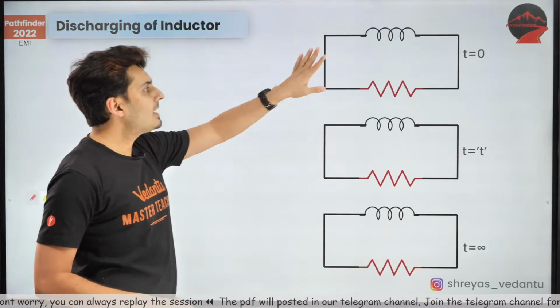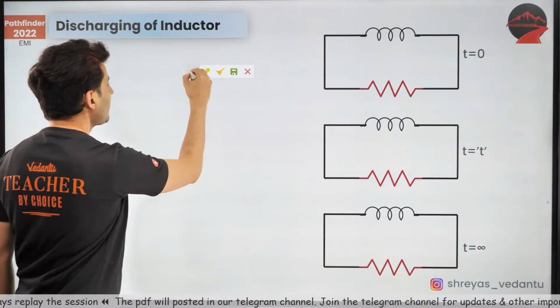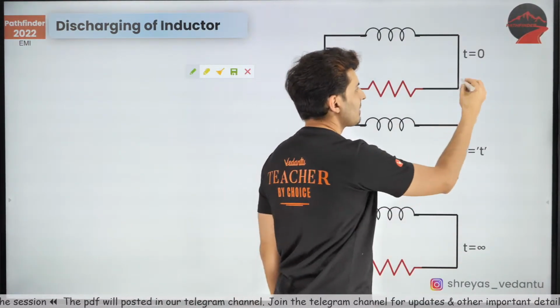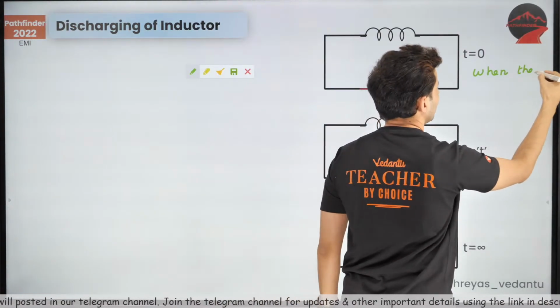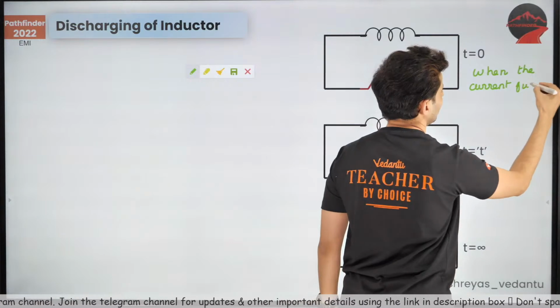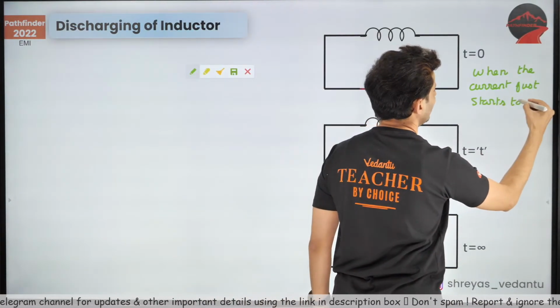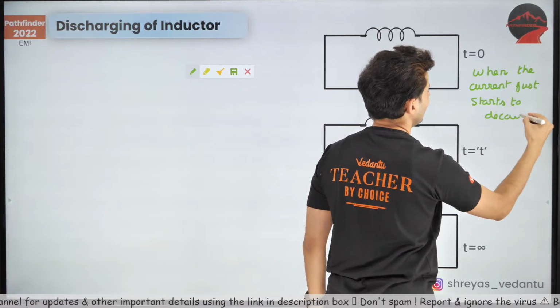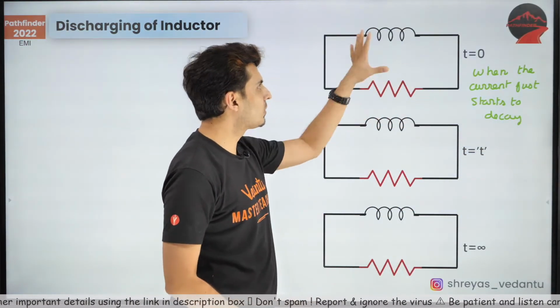So t is equal to 0 refers to that time when the current just starts to decay, as in it goes down, it vanishes slowly, it decays just when you close the switch.